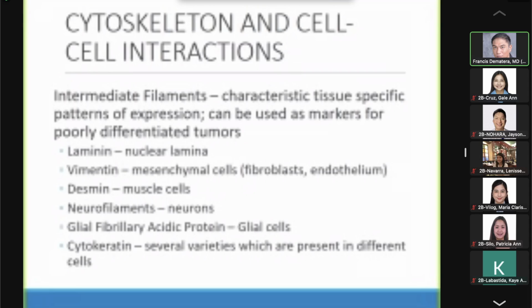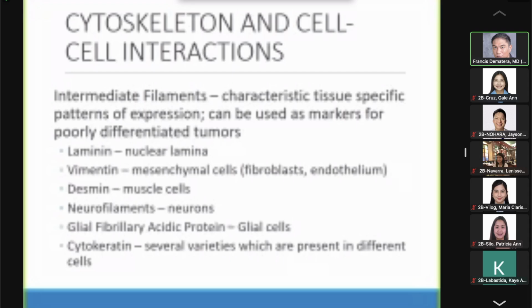So this is where the intermediate filaments come in, and some of them are being used as laboratory tests. For example, you receive a biopsy result na nakalagay poorly differentiated tumor. Usually, the pathologist would request these tests. Kung alin dyan yung mag-stain sa tumor natin, this would give a clue kung saan yung source niya.